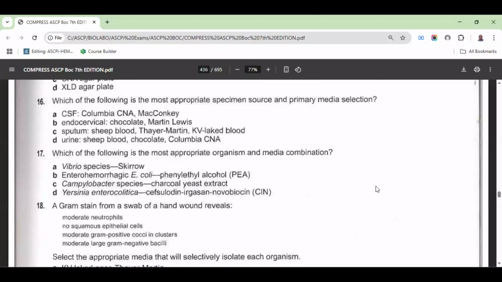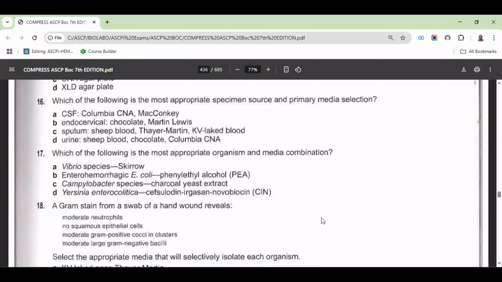Vibrio requires what is known as TCBS. Skirrow is used for Campylobacter species, especially Campylobacter jejuni.